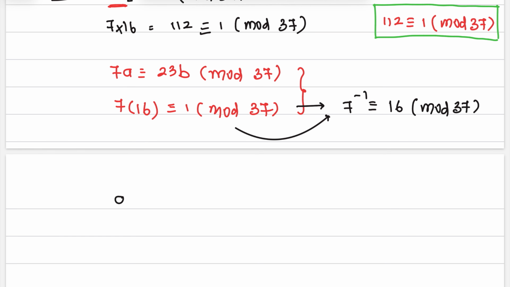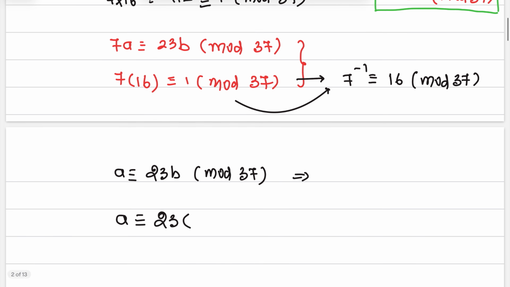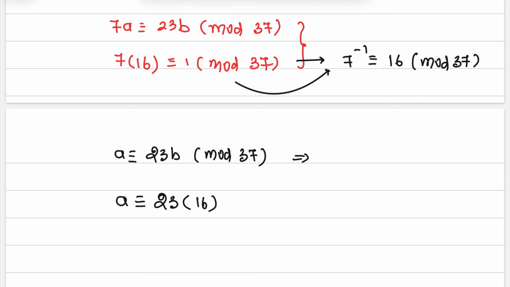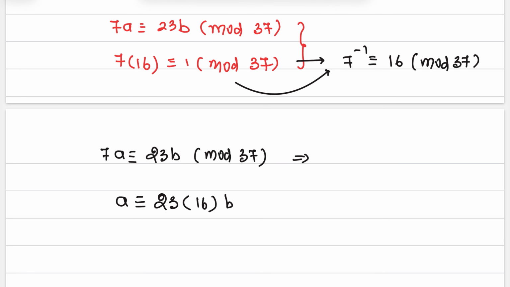From the above three equations, 7a congruent to 23b mod 37 implies a congruent to 23 into 16b, because 7 inverse is congruent to 16 mod 37.